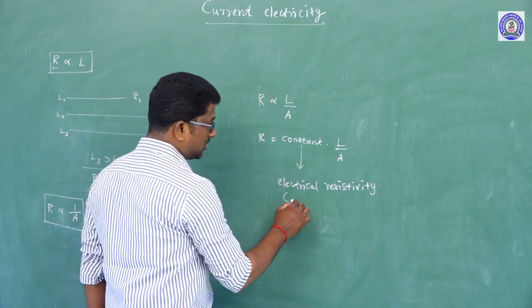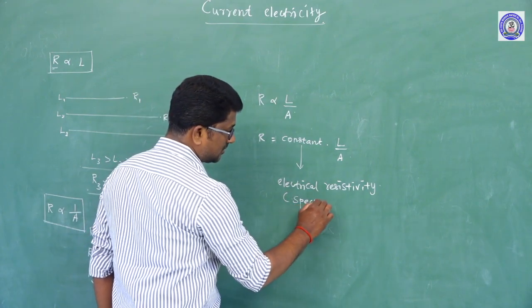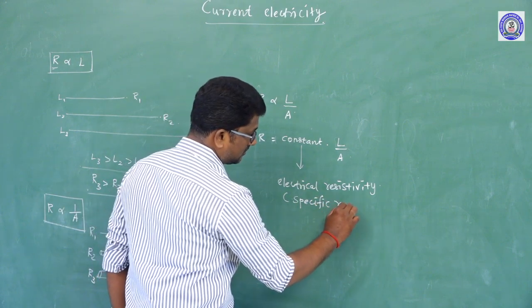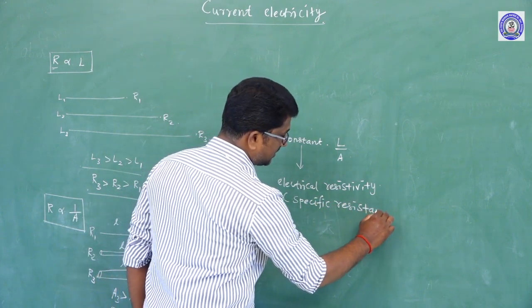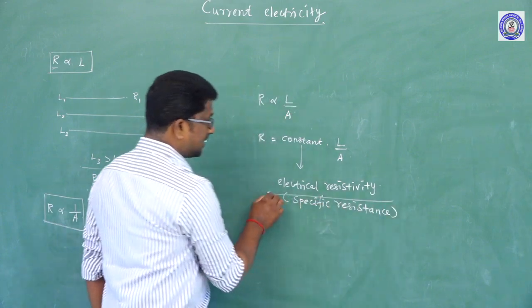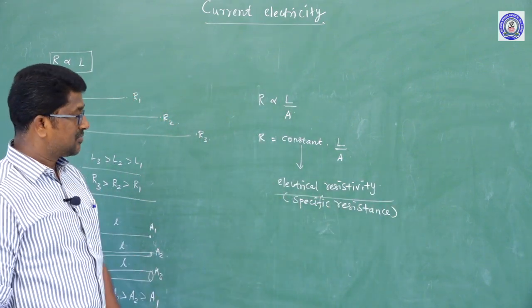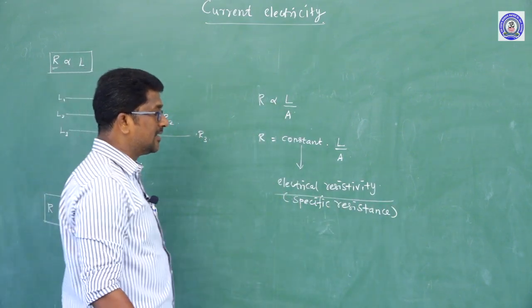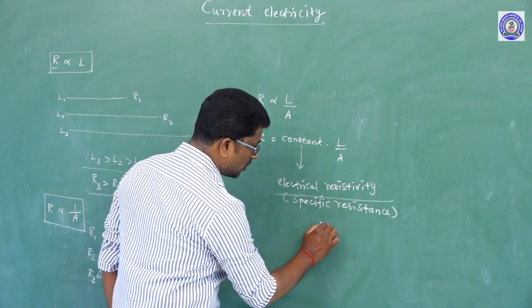It is also called specific resistance, right. Electrical resistivity or specific resistance of the material is denoted by the letter rho.